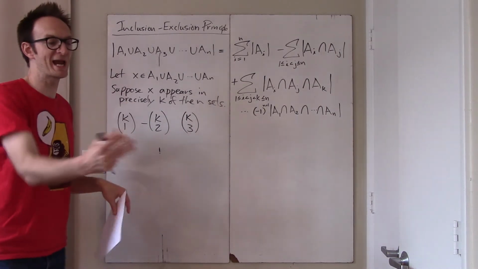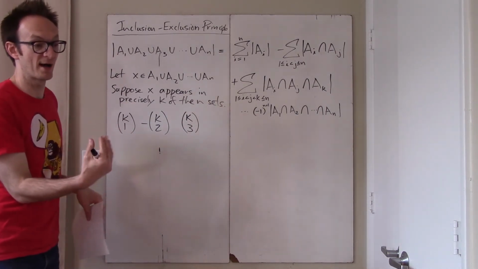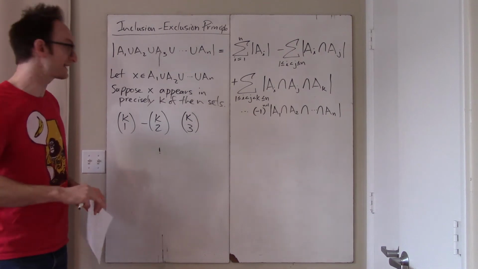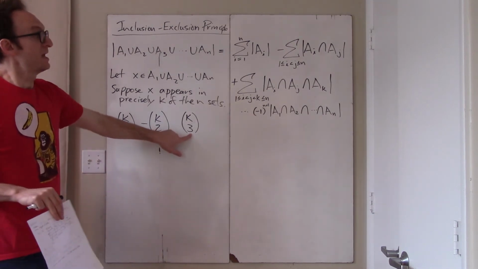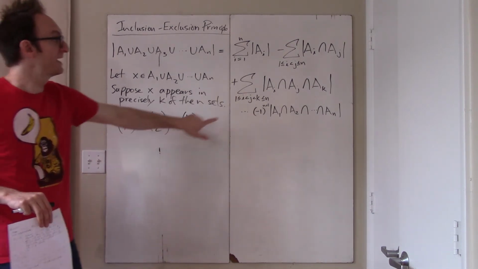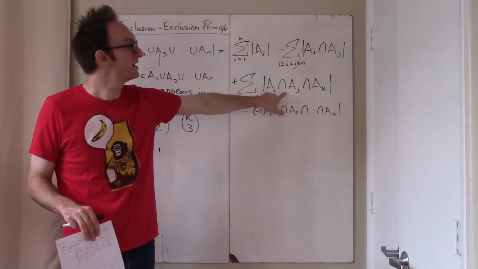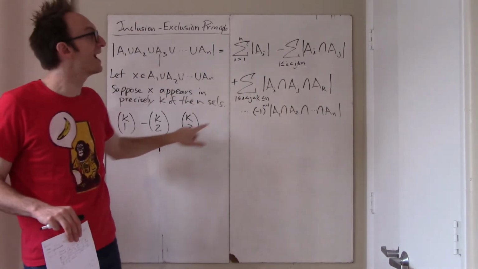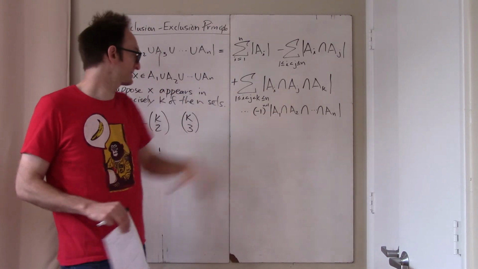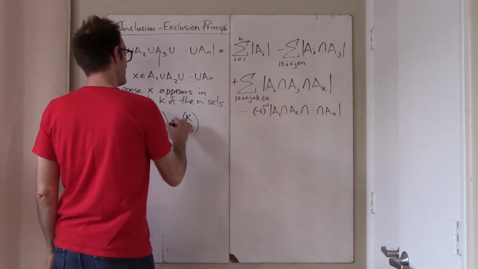And so if there are k choose 3 ways of picking a triple of sets that x is in, then x is being counted k choose 3 times in this step. And so that's being added.